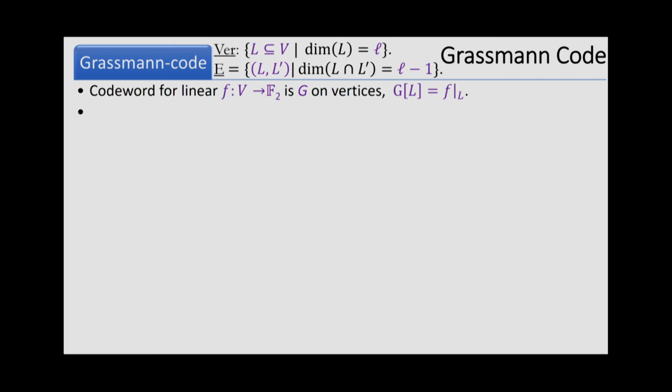As I already said, the object that we want to encode is linear functions from V to F2. We do that in the following way. To every vertex of the Grassmann graph, we associate a symbol. That symbol is simply the restriction of the function little f to the subspace given by the vertex.